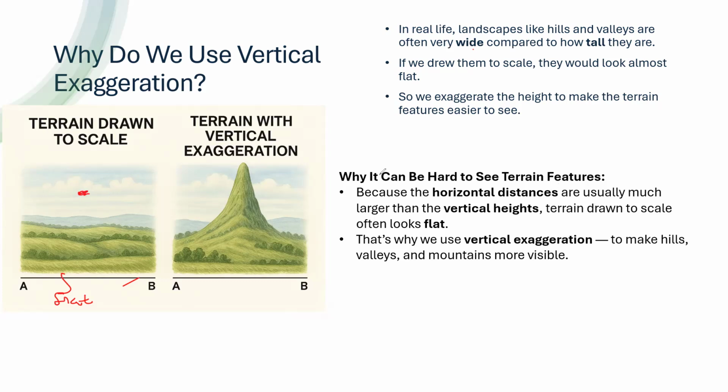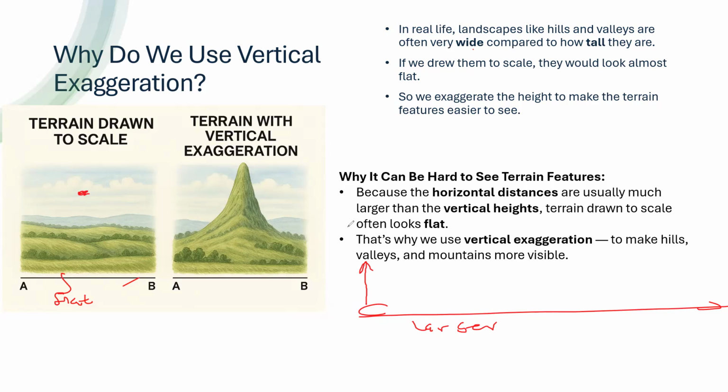So then we ask ourselves why it can be hard to see terrain features. Because the horizontal distances are usually much larger as compared to the vertical heights.